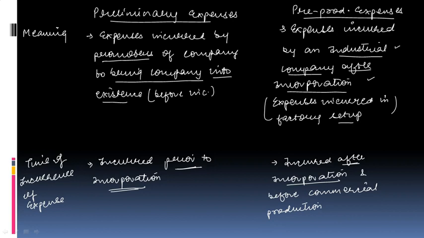Now, pre-production expenses are incurred by the concerned company itself, because at that time the company is in existence, and we are talking about after incorporation. Sir, this chapter is very easy. Okay. After that, these kinds of preliminary expenses are one-time expenses.